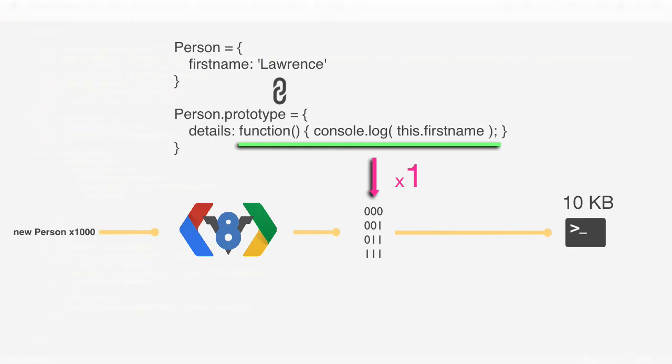Now when calling this function on each object, it makes it easier for JavaScript to find this function in memory and execute it. This will make any JavaScript, whether for your hybrid apps or websites, much more responsive.